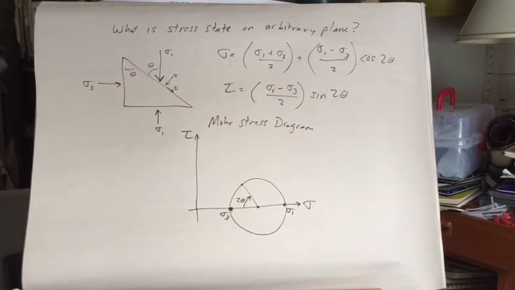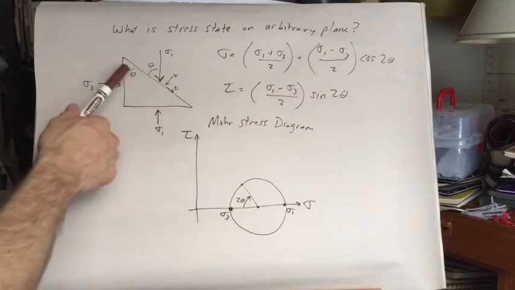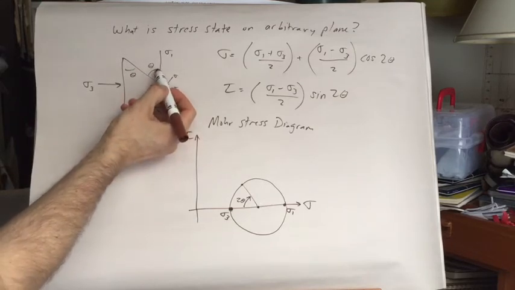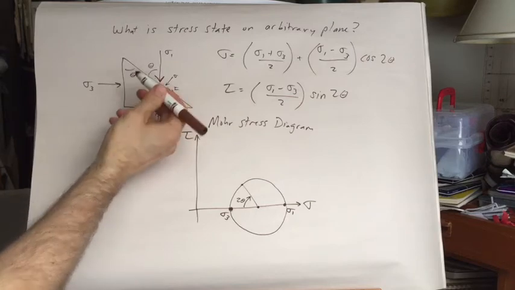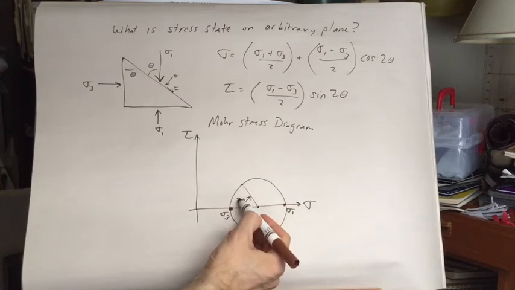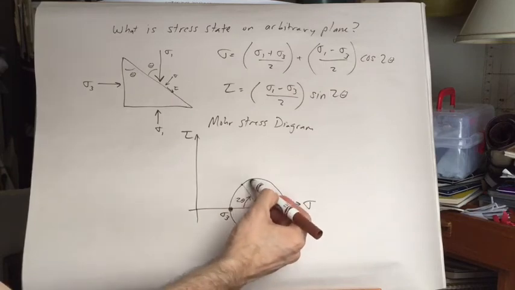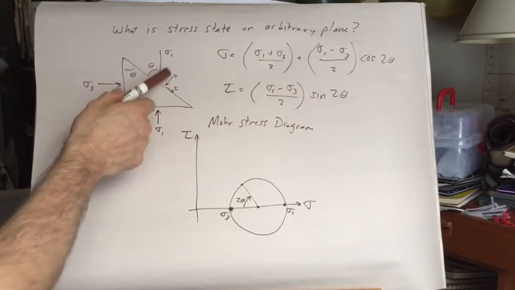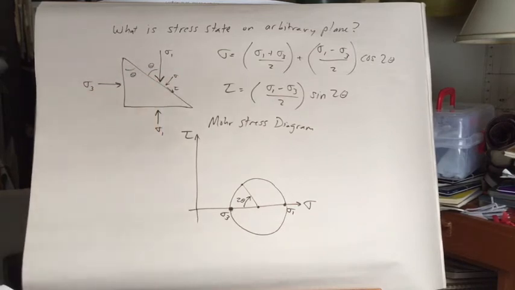So for any value of theta, if this was an angle of, I don't know, 40 degrees, that point would be indicated here by 40 times 2, 80. So you go up to about there, and that would be the point for the orientation that I've just shown.